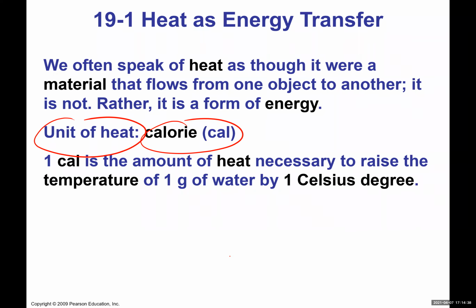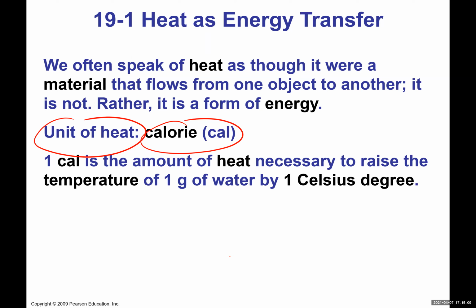But let's start with this. The original unit for the heat was the calorie, and 1 calorie is the amount of heat necessary to raise the temperature of 1 gram of water by 1 degree Celsius. That means if you have 1 gram of water at, for example, 2 degrees Celsius, and you want to increase its temperature by 1 degree Celsius, then you have to transfer 1 calorie of heat.